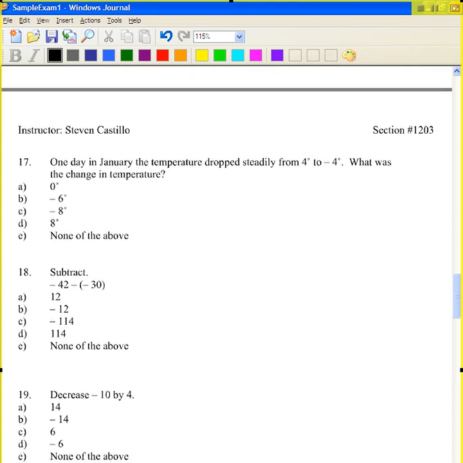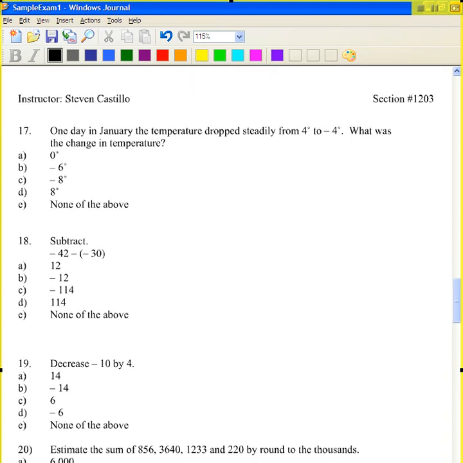Let me do problem 17. One day in January, the temperature dropped steadily from positive 4 degrees to negative 4 degrees. What was the change in temperature? And so we started at 4 degrees. We went all the way to negative 4 degrees. So I want to figure out that distance. So I'll just subtract 4 minus the negative 4, which is the same as 4 plus 4, which is 8.